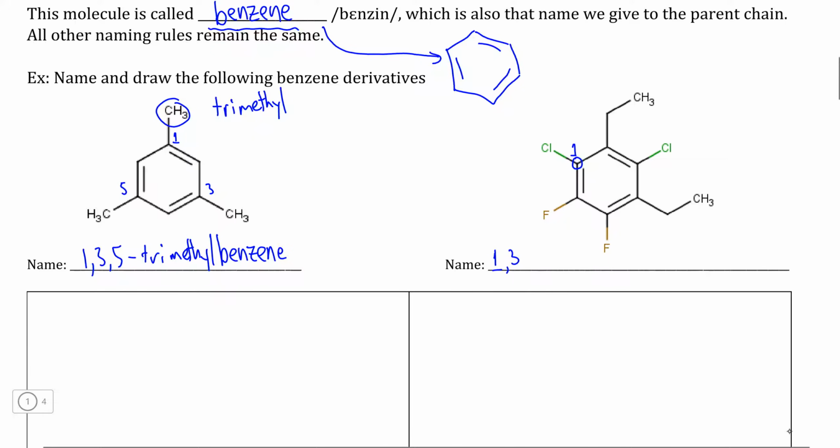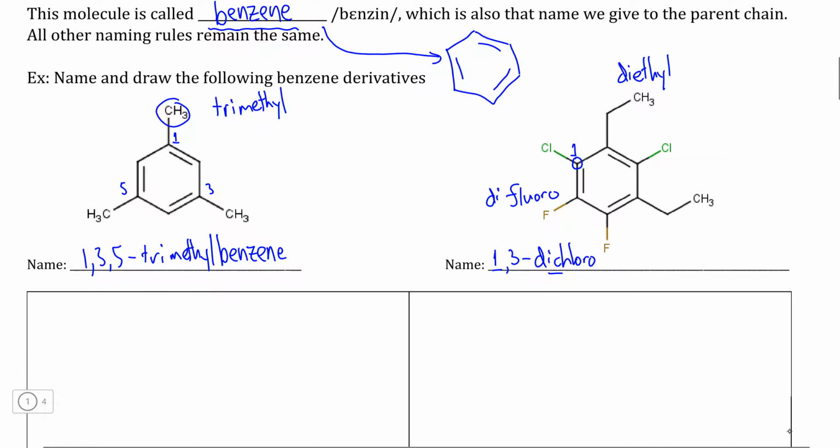So our alphabetically first side chain would be 1,3-dichloro, because C comes before F for fluoro. In this case, it would be a difluoro because there are 2, and C also comes before E because we have two carbon long side chains, which would be a diethyl.